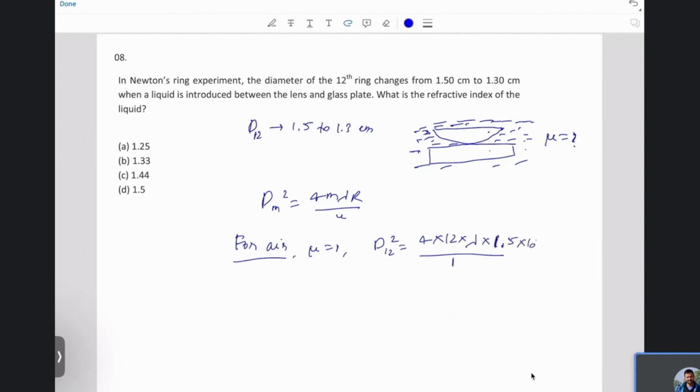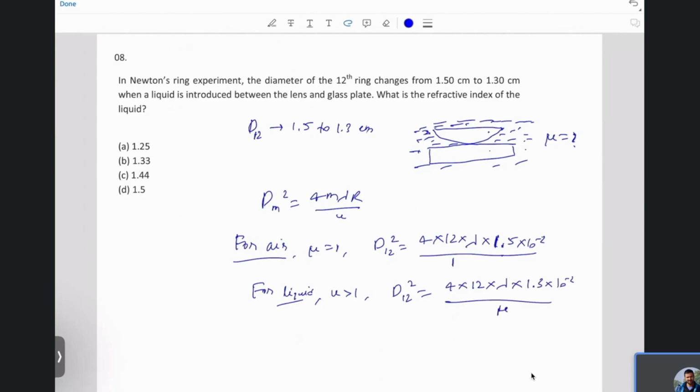So 1.5 into 10 to the power minus 2, and then for the liquid, whose mu we don't know, mu greater than 1, its diameter will be given by 4 into 12 into lambda into 1.3 divided by mu.